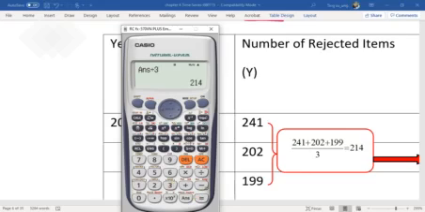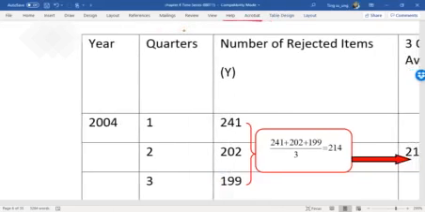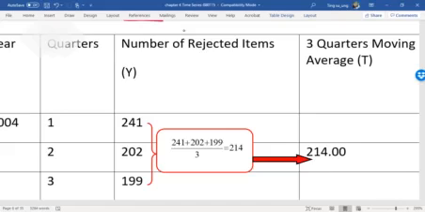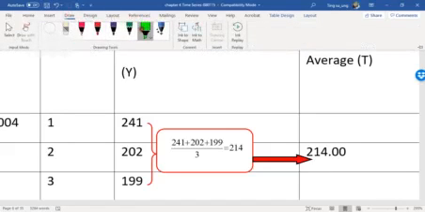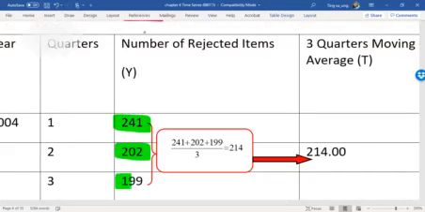So you have 214. The answer goes right in the middle. What does it mean by middle here? You can see you got 3 rows here. So the middle row for sure is the second row. So your answer will be 214.